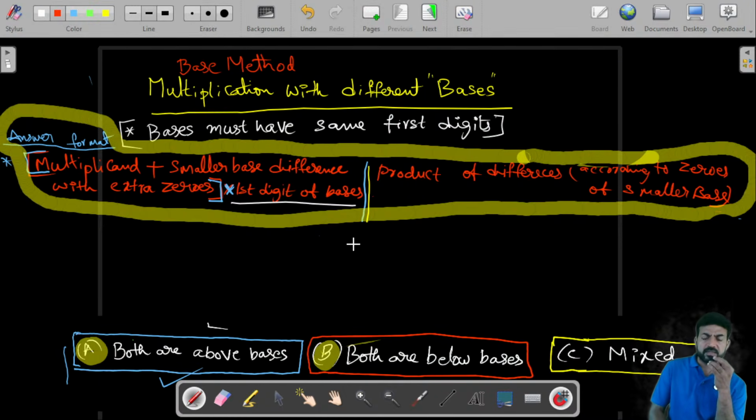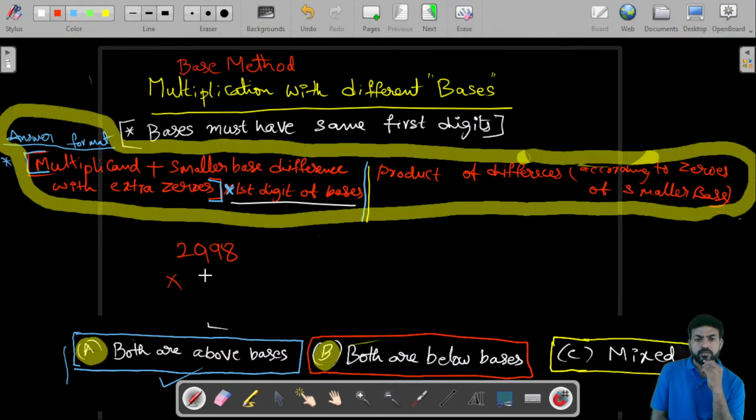Now both are below bases. So you can take the base as 3000, because 2998 is nearest to 3000.